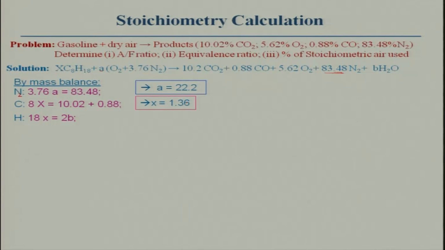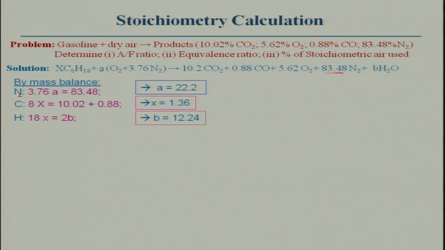So for H, the left hand side is 18X, and the right hand side is the water only, right, that is 2B. Okay. So you will get B, how much will it be, 12.24, because X is 1.36, right, X is known. This X is not a multiplication sign.